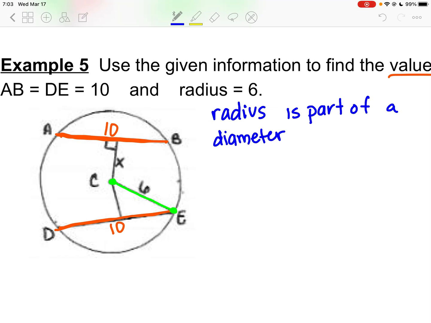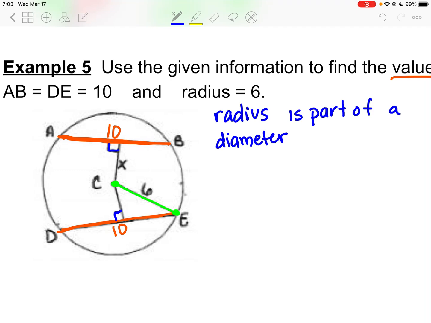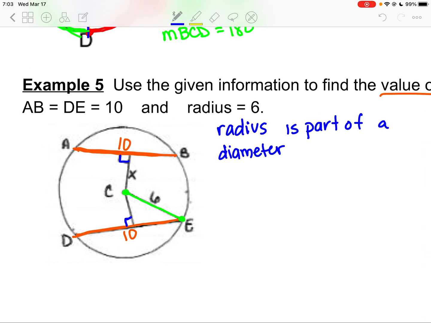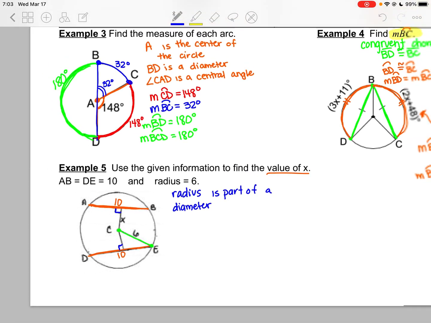So these little pieces that are coming from the center, I'm going to assume that both of them are perpendicular. Since I'm not really using the entire radius, I don't know that for sure, but I am going to assume that these are both perpendicular because one was marked.